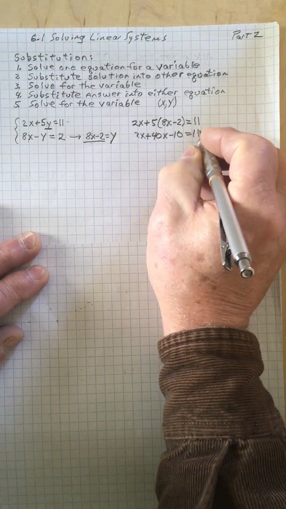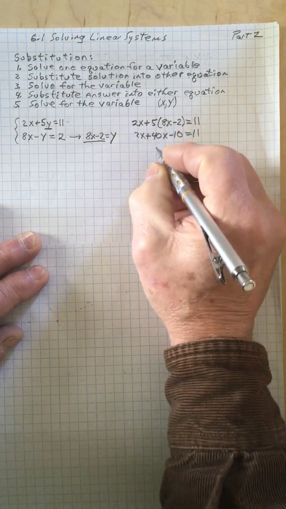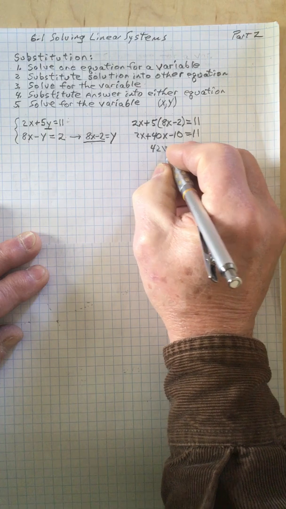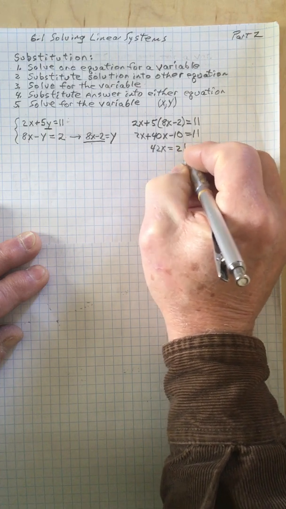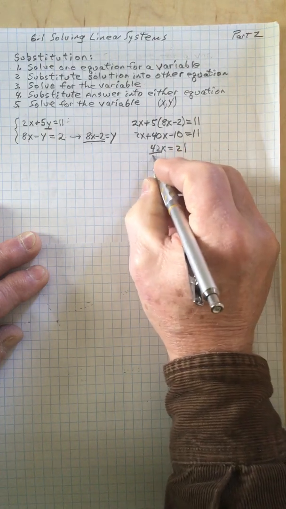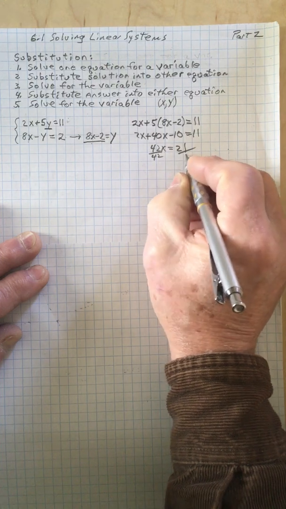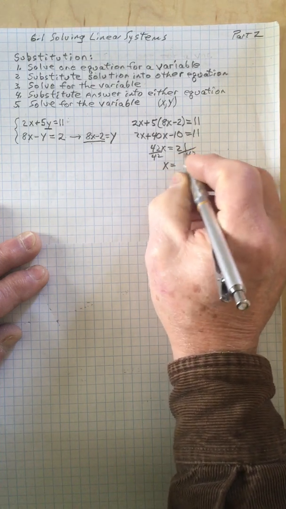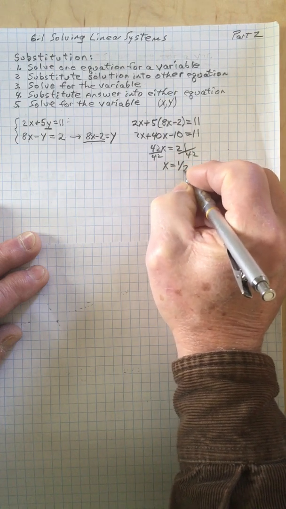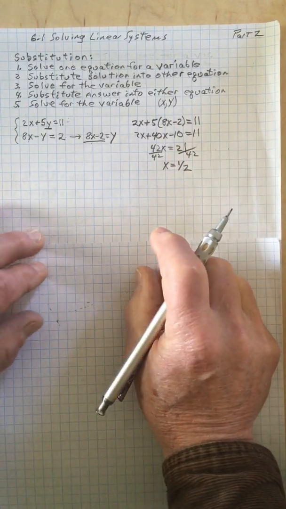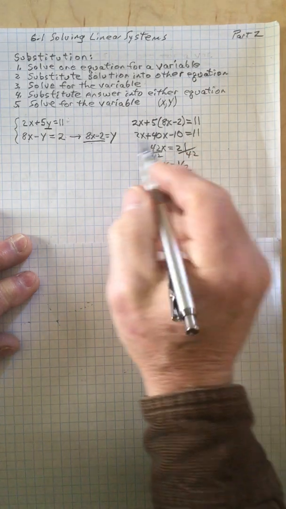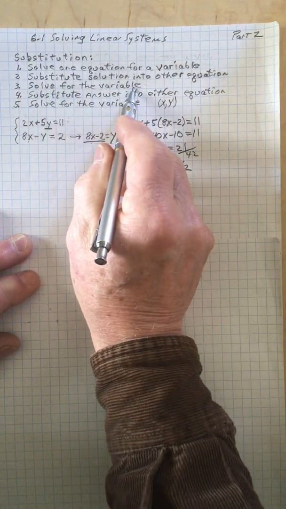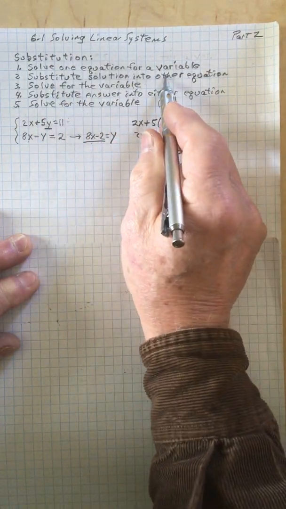So move the 10 over here, add these two together. If I divide both sides by 42, x equals, this reduces to 1/2. Okay, so we've solved for the variable after we substituted in.